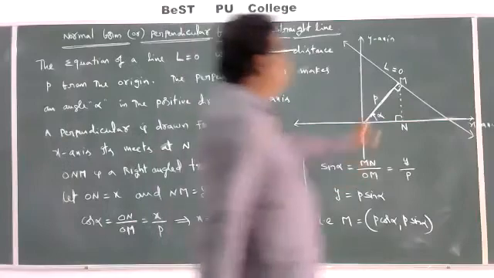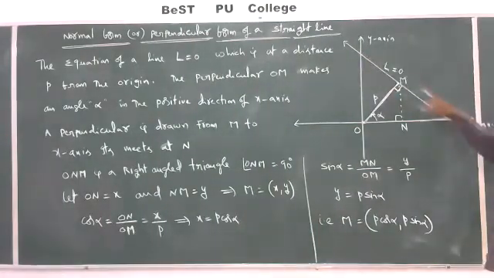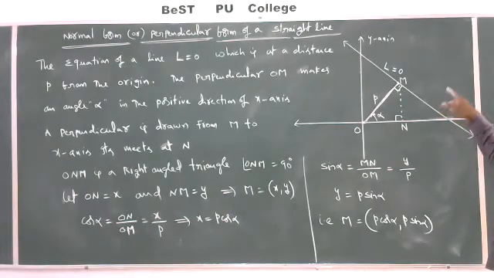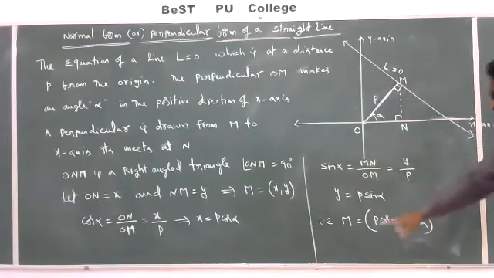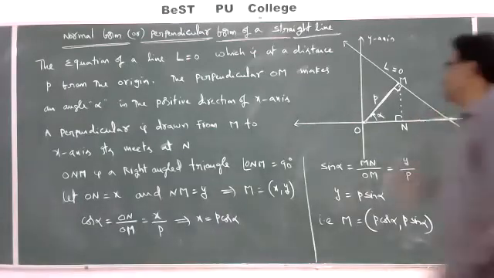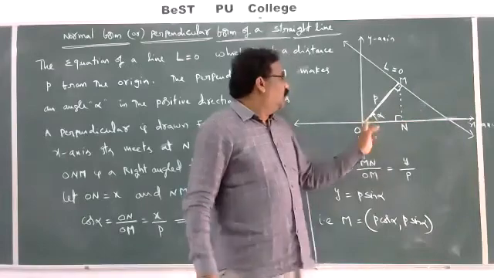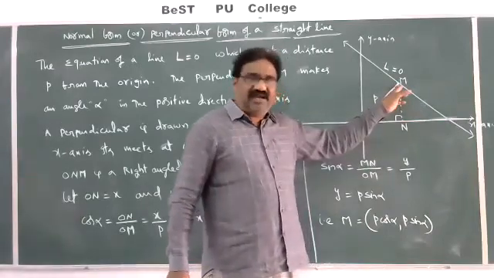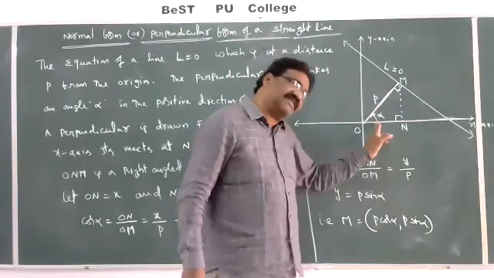So we required this line equation L is equal to 0. But we find out the line passing through the point M, p cos alpha comma p sin alpha. So we required slope of this line. But observe this. OM is the perpendicular line of L. OM makes an angle alpha with the positive direction of x-axis.